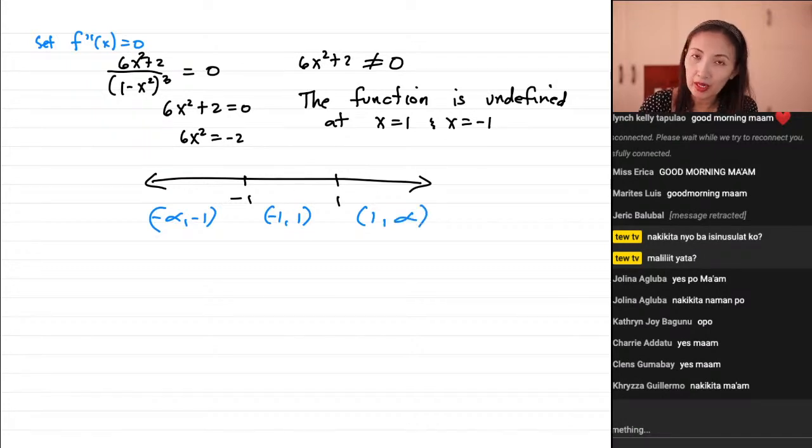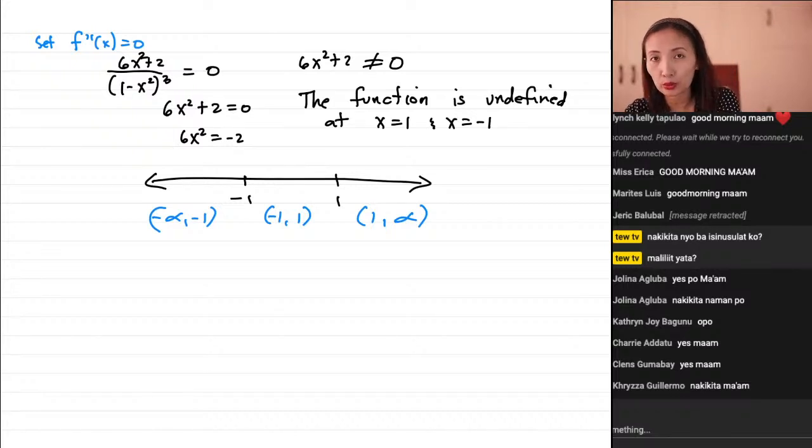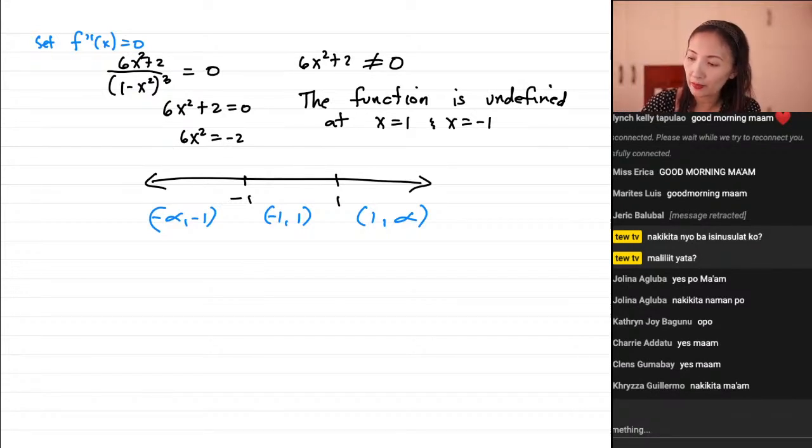So let this be our intervals, because from here we cannot determine any x value that will make f double prime of x 0. It can never be 0 because we will end up with something which is a complex number or an imaginary number.